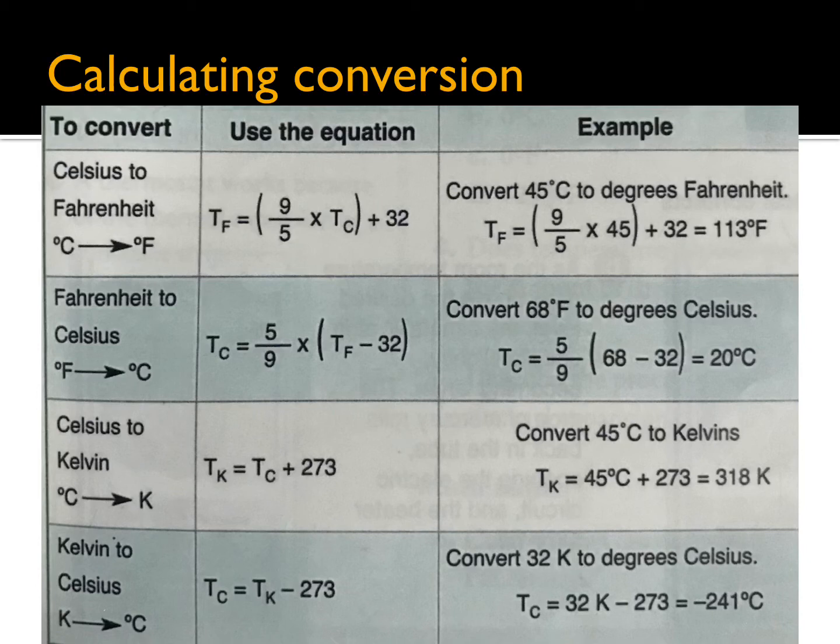What if I told you there was a 1 degree change, increase or decrease, on the Kelvin scale and on the Celsius scale? You have to know that a change of 1 Kelvin is equal to a change of 1 Celsius degree. 0 degrees Celsius is higher than 0 degrees Fahrenheit, but a change of 1 Fahrenheit degree is not equal to a change of 1 Celsius degree.